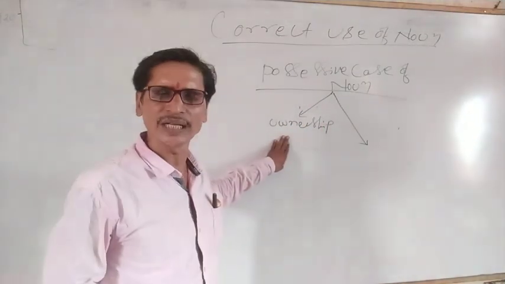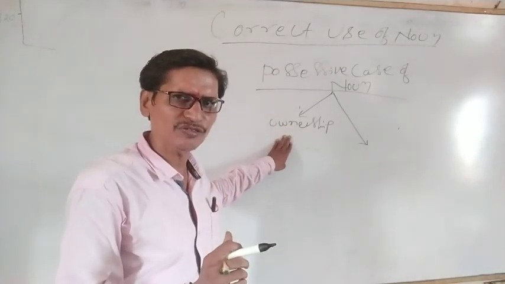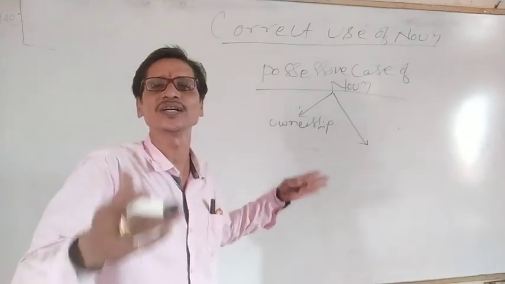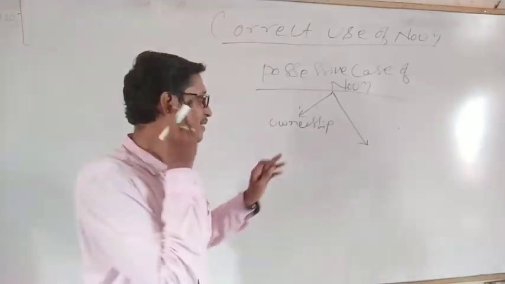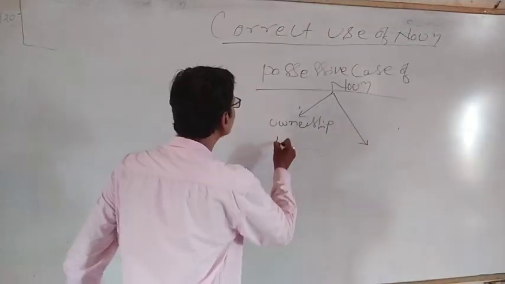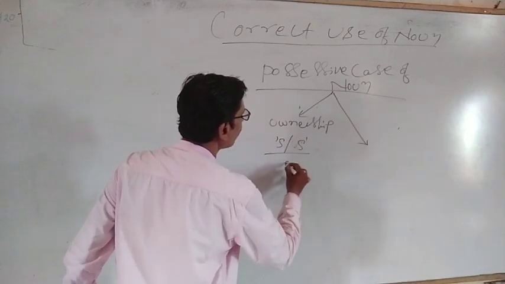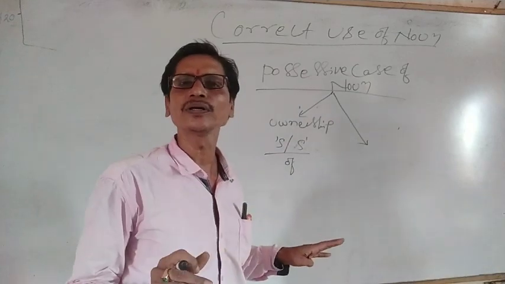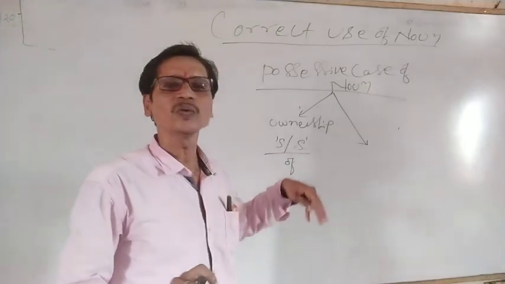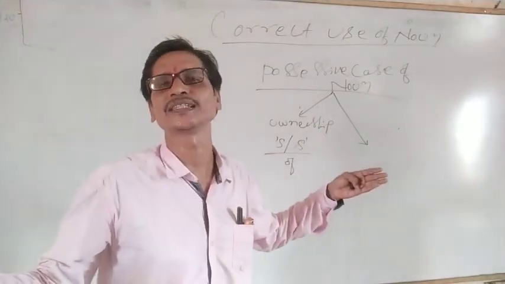For ownership, we use apostrophe s, s apostrophe, and of for non-living things to express their possessive case. But besides this ownership, there are some other cases where we also use the possessive.